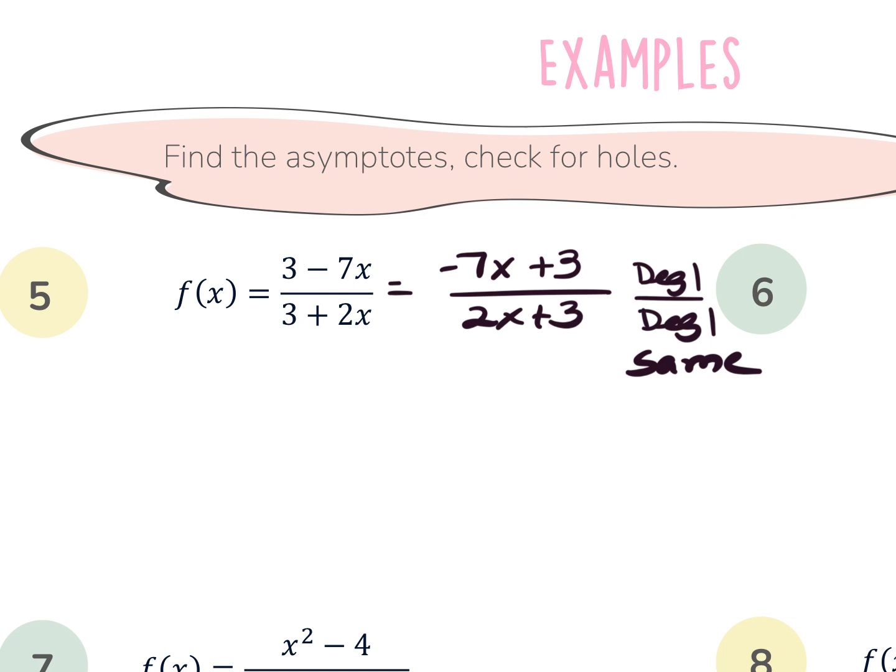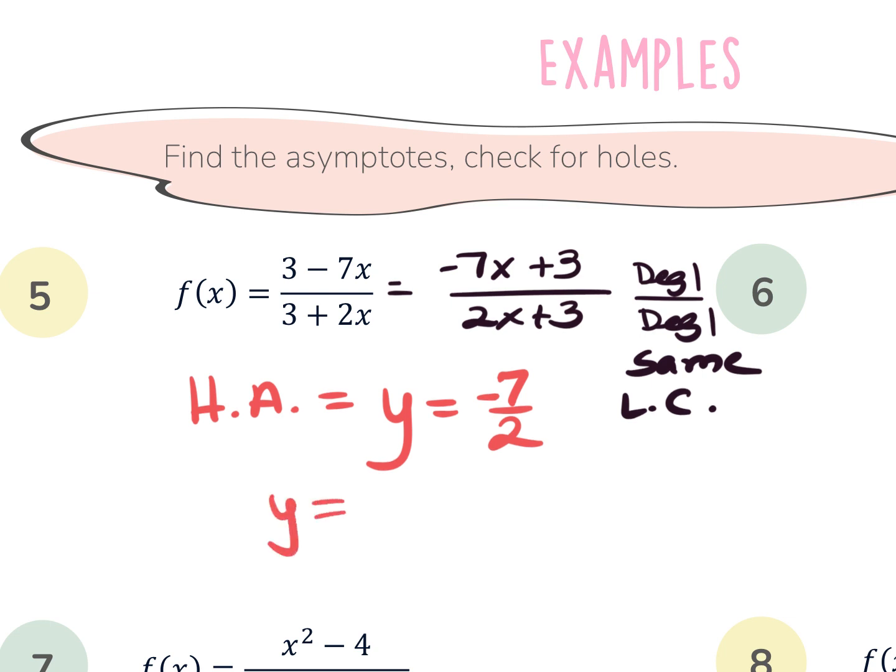So this is where I have to use the leading coefficient. So for my horizontal asymptote, it's always y equals, and then I use the leading coefficients, and it's going to be negative 7 over 2. You could make it a decimal if you want, or in this case, you could just leave it. This would be negative 3.5. I would accept the answer either way.